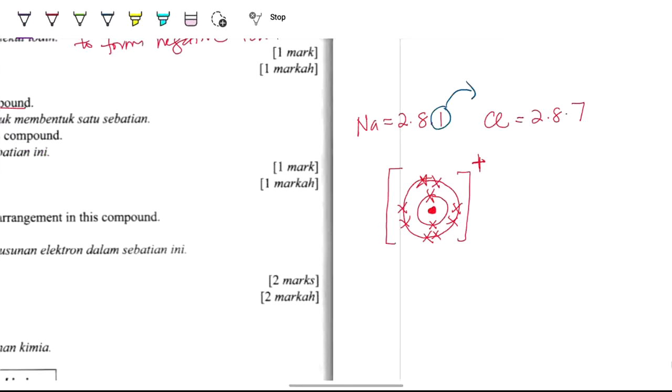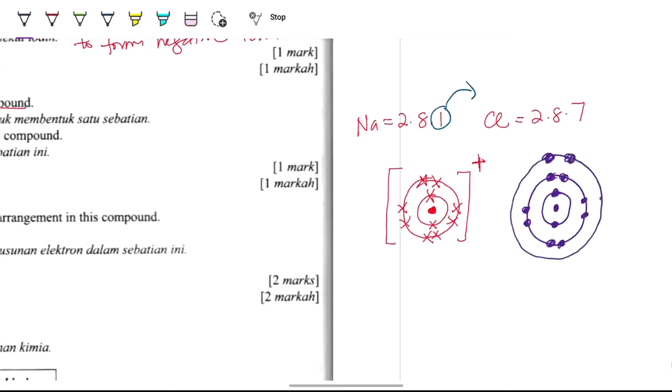Chlorine is 2, 8, 7, so it gains 1 and becomes 2, 8, 8. It is -1 because it gains 1 electron from the sodium.